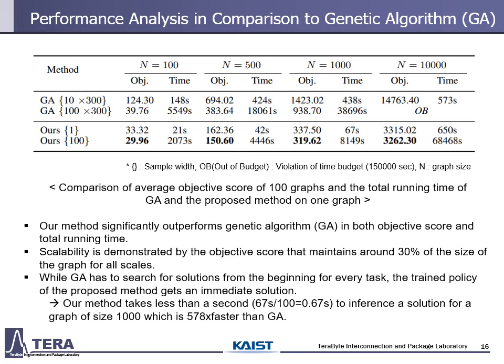And in the experimental results for 1,000 nodes, the objective score maintains around 30%, which is around 3,000, which means that our algorithm is very effective in very large scale graphs as well.